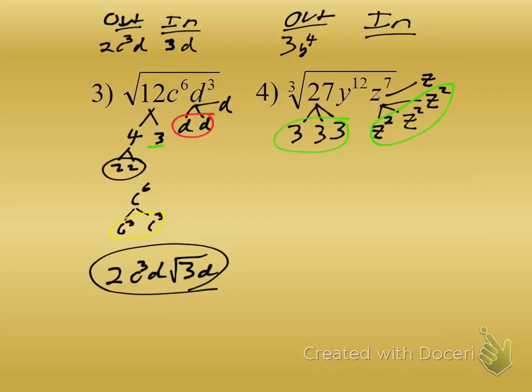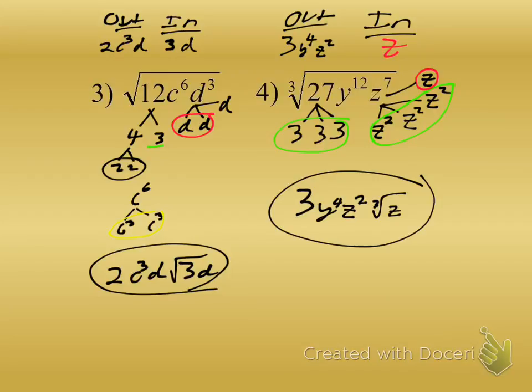There's your 3 Z squares. They come out as 1. And you're left with 1 little Z all along. So the answer to this guy is 3 Y to the 4th Z squared cube root of Z.